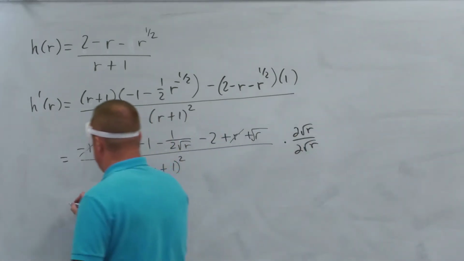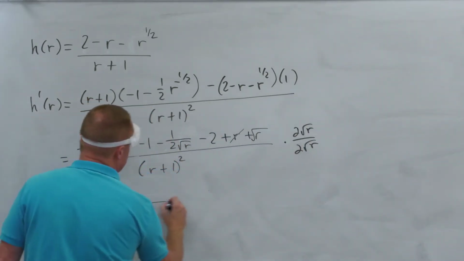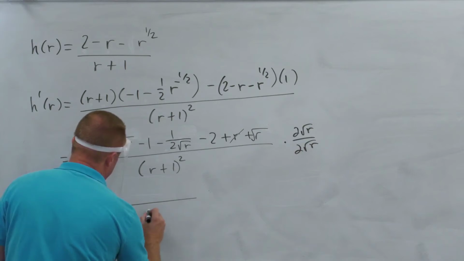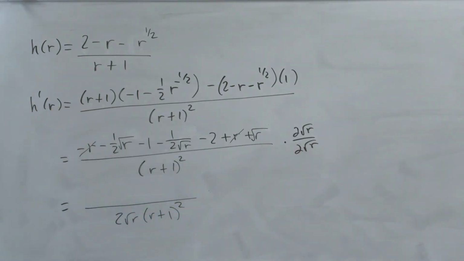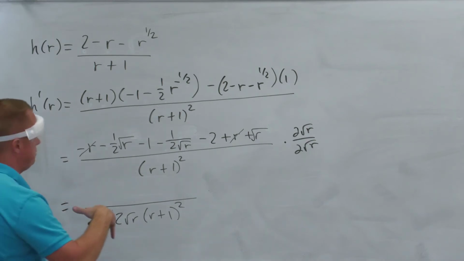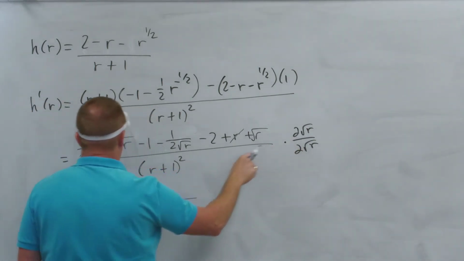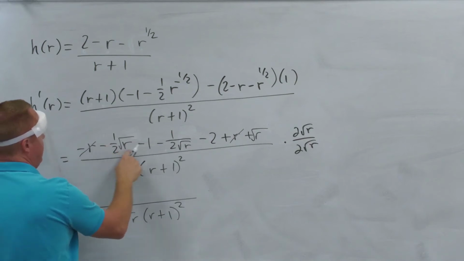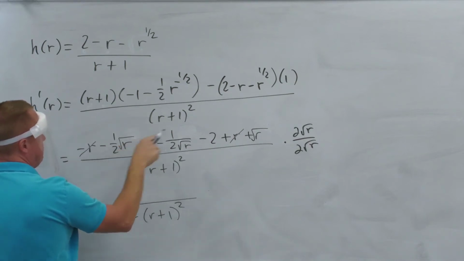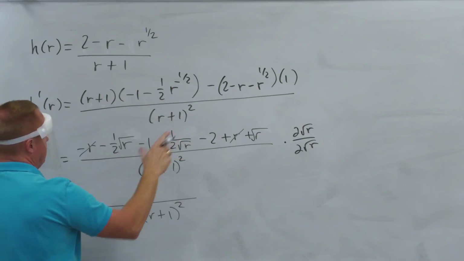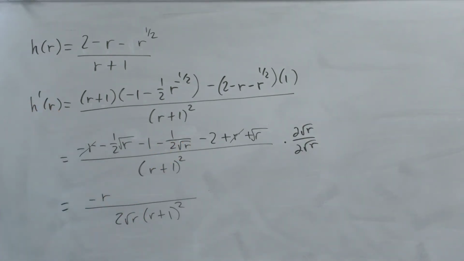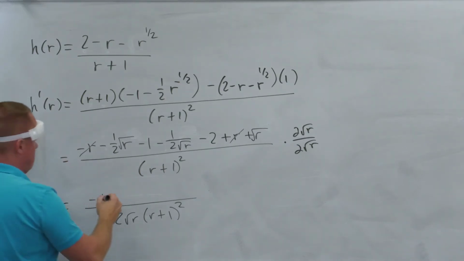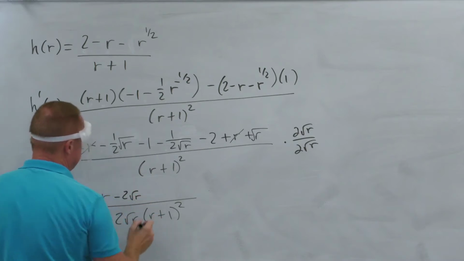All right, so on the bottom, that would just give me 2 root r times r plus 1 squared. Okay. On the top, let's distribute. So 2 root r times negative 1/2 root r. 1/2 times 2 is 1. Root r times root r is r. So that'd be a minus r. Okay. Minus 1 times 2 root r will be minus 2 root r.